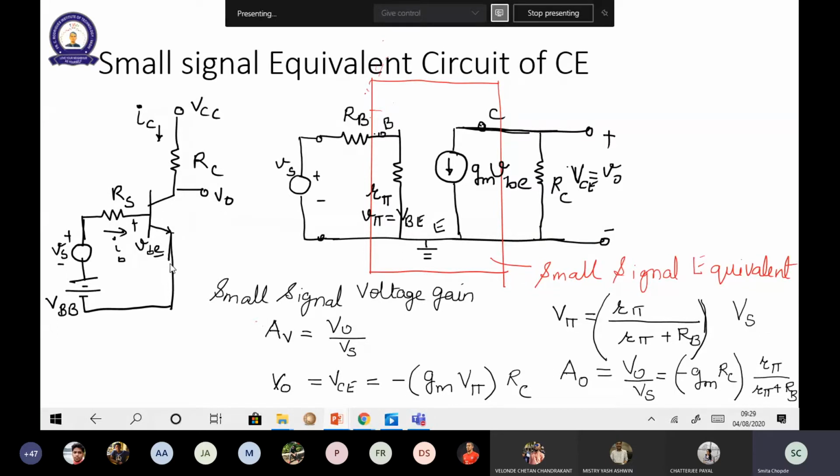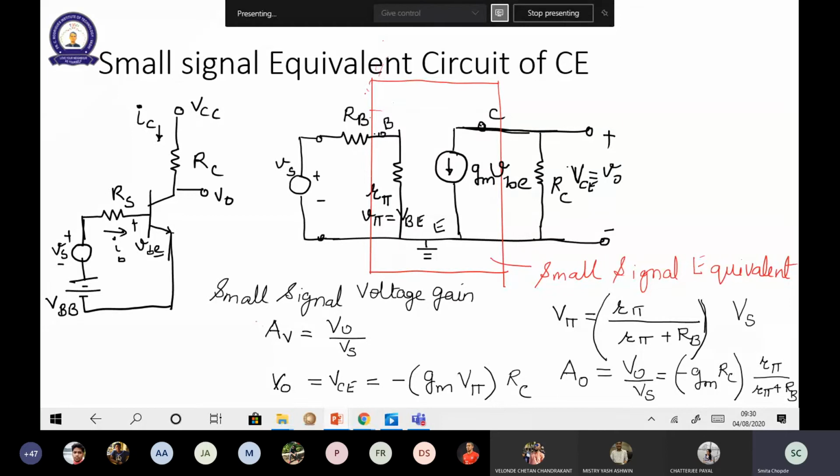I will just describe the circuit. This is a common emitter configuration, because here you can see the emitter is grounded. Now we are applying an AC signal along with a base bias signal.